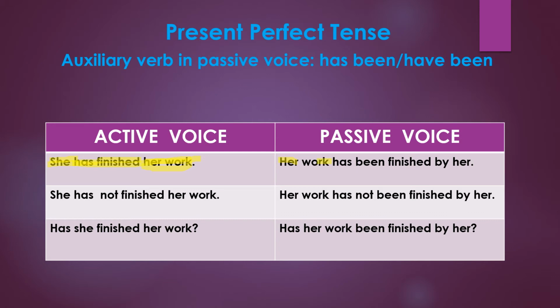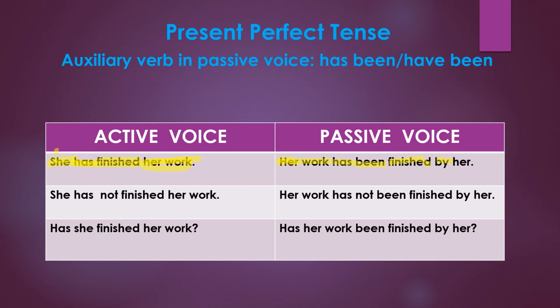So here, her work from the active voice will take the place of subject in passive voice. Her work has been, because it is her, we will use has. Has been, then the same participle form of verb, then by, and then she.